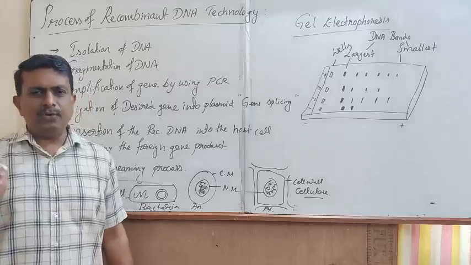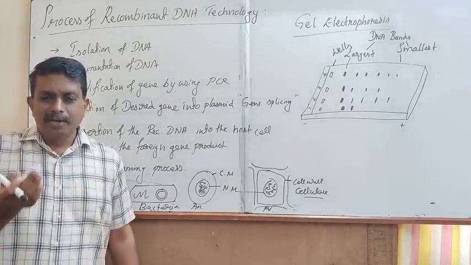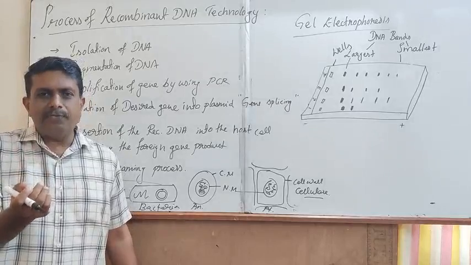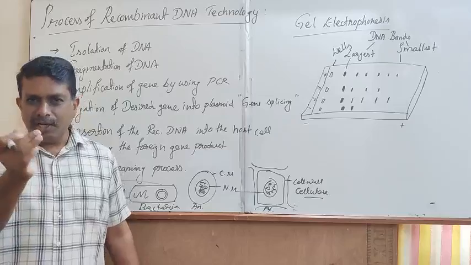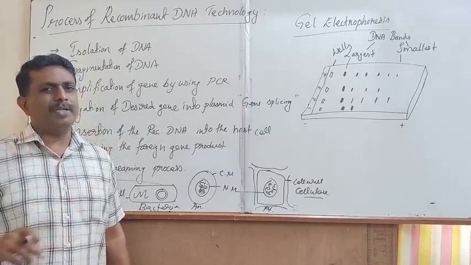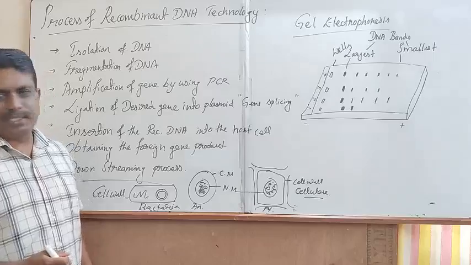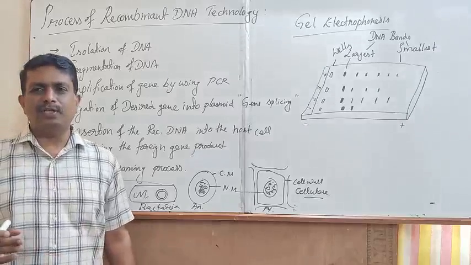The gel electrophoresis is a unique methodology widely employed for the recovery of the desired gene. In order to isolate the desired genes from the genetic material, the widely used methodology is called gel electrophoresis.